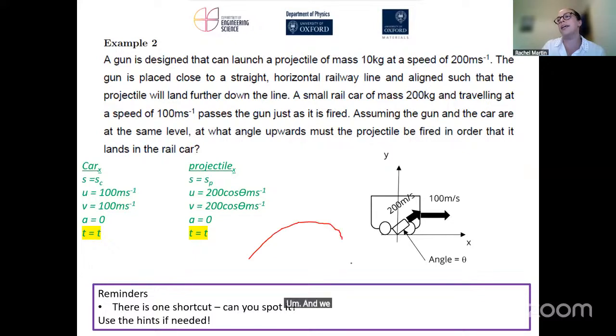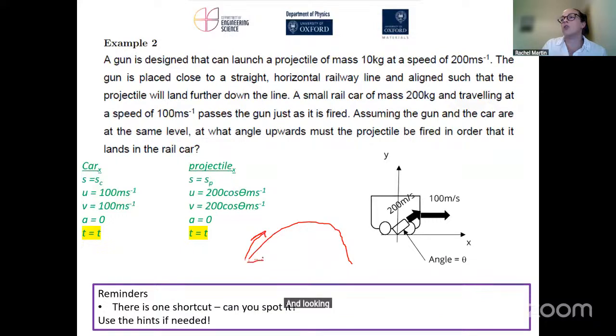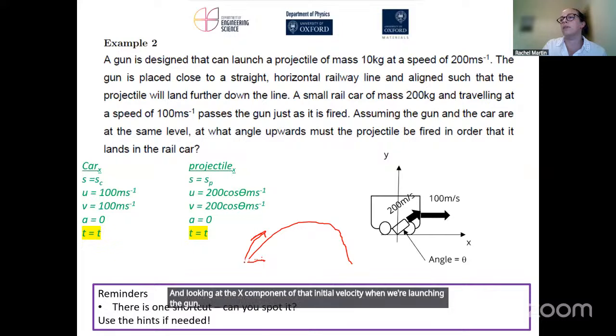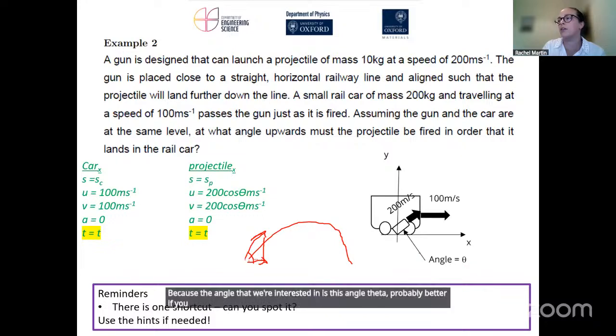We're just thinking about, apologies for this, the first part of this, imagine that's a straight line. And then breaking that down horizontally, I'll do some dots here. That is not horizontal at all. And looking at the x component of that initial velocity when we're launching the gun. And the horizontal component, here's my vertical. Because the angle that we're interested in is this angle theta, probably better if you look at the angle over here.